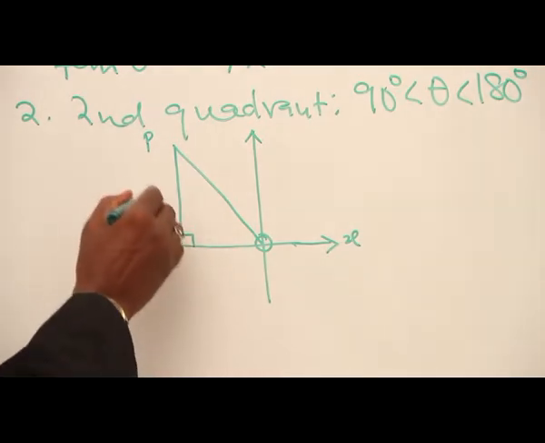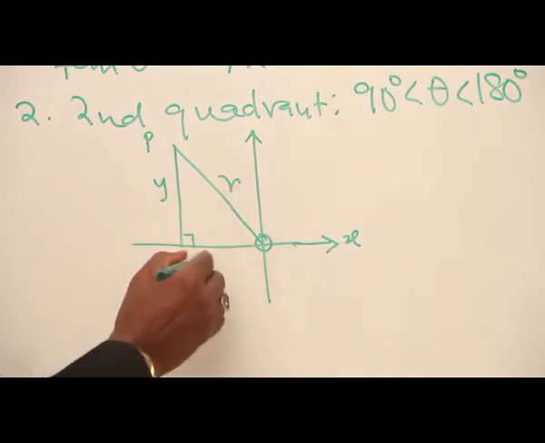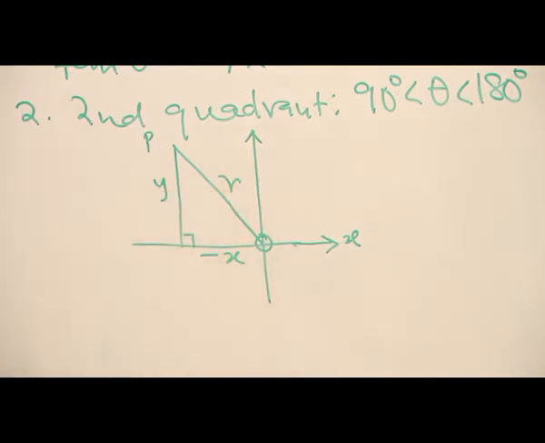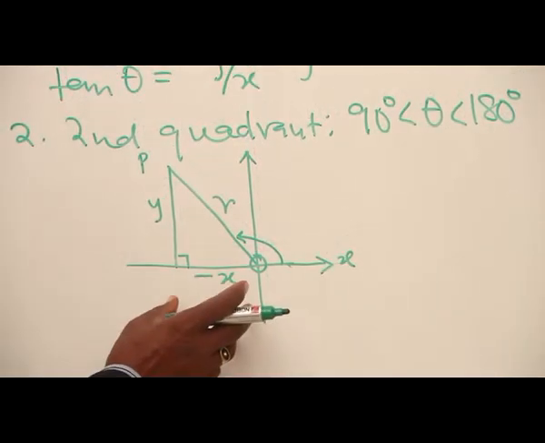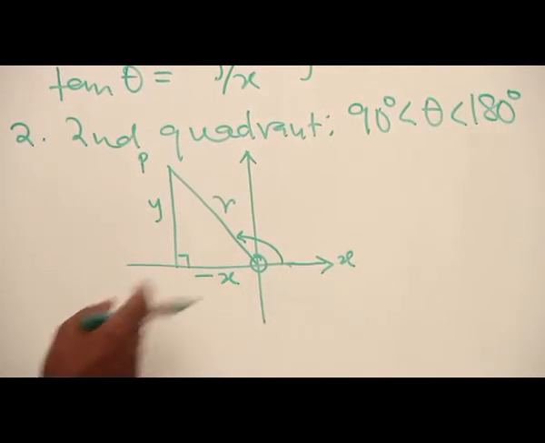and here we have the value of y remain the same, r remain the same, but the value of x is now negative on the left side of the 0. The value of x, as I said, is negative.